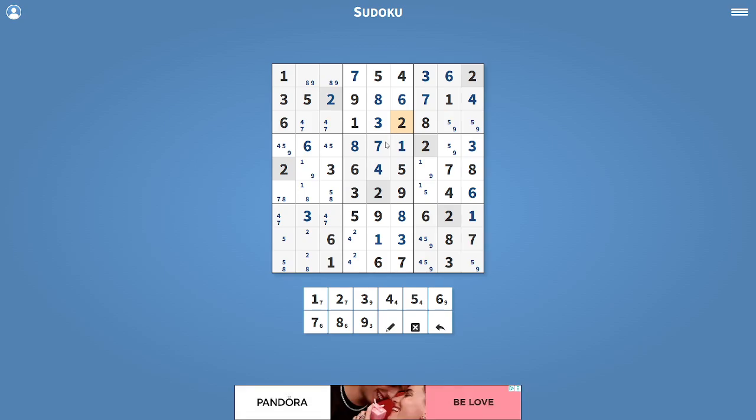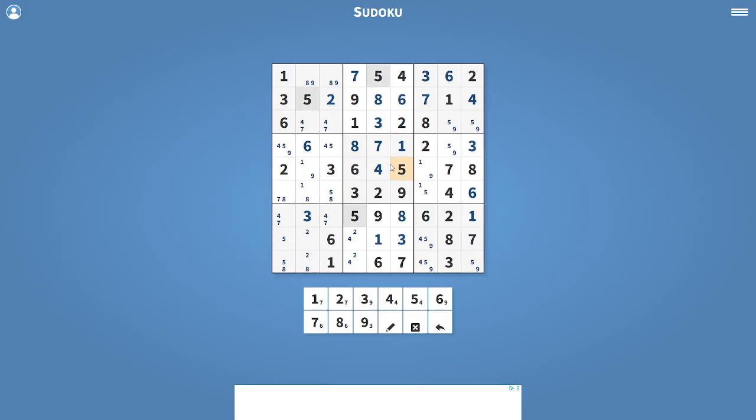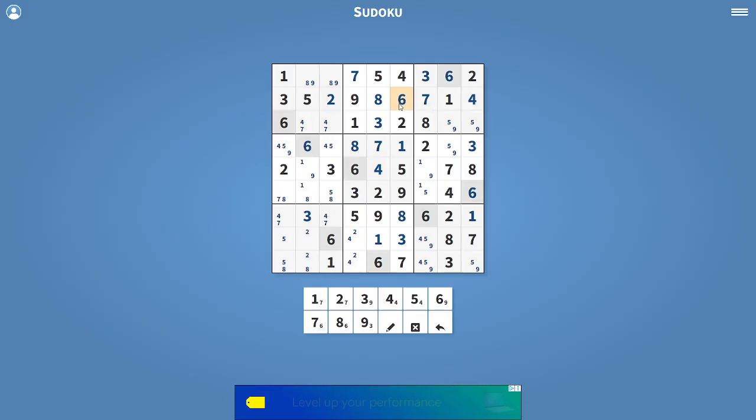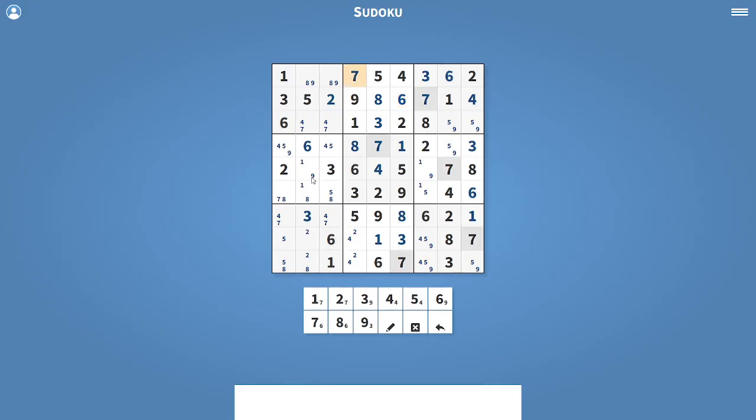What about our 3s? Nothing with the 4s at this moment. We just know 4 has to be there or there. Already looked at 5s. Let's look at our 7s. I mean, 7 has to be here or there in this column.